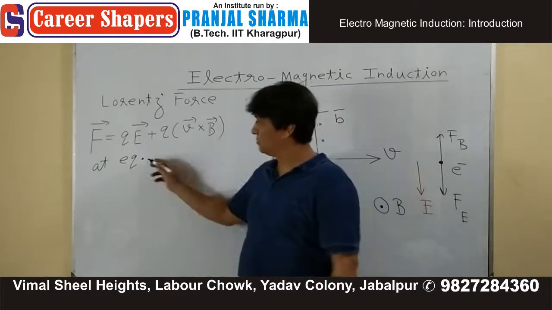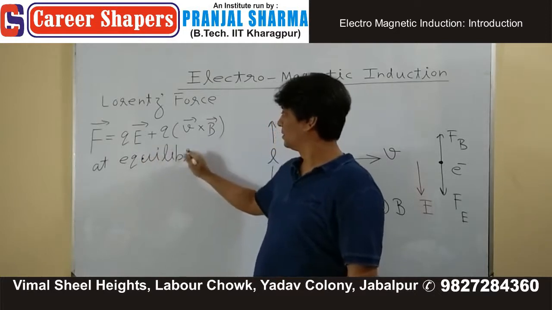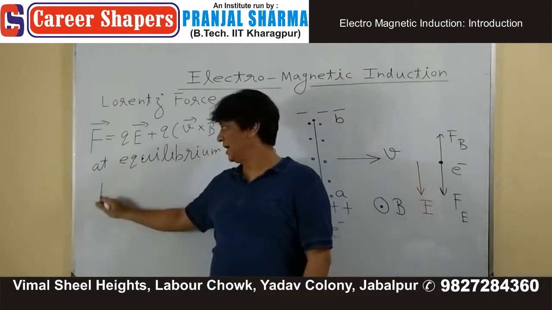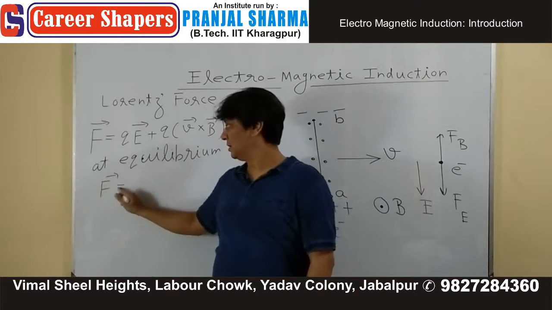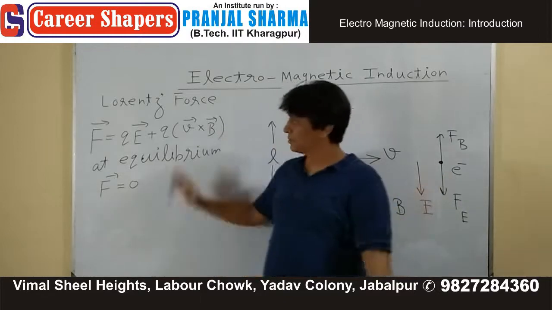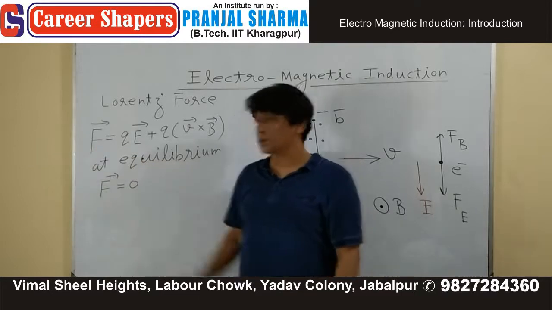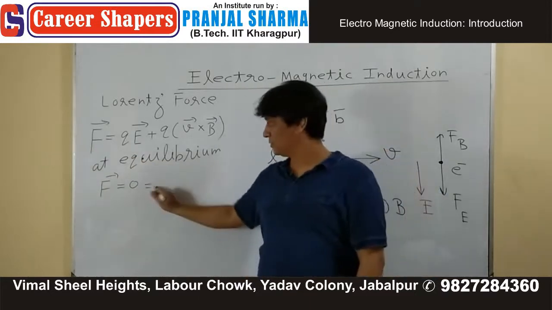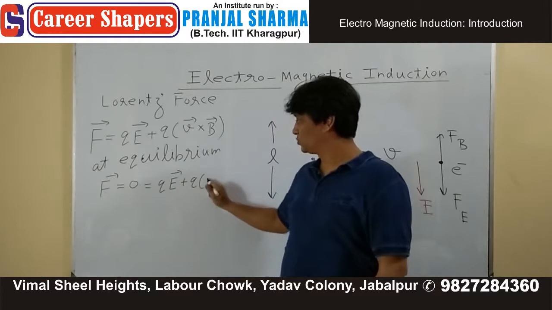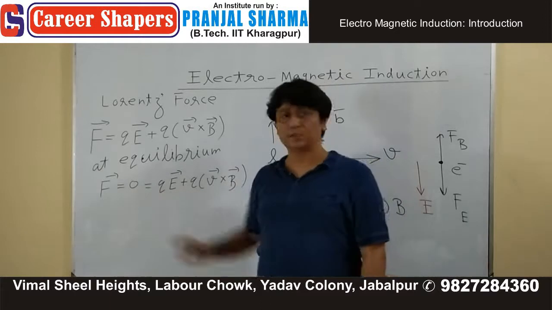At equilibrium, you know that F, the total force, is zero. So QE plus Q times V cross B is basically zero.